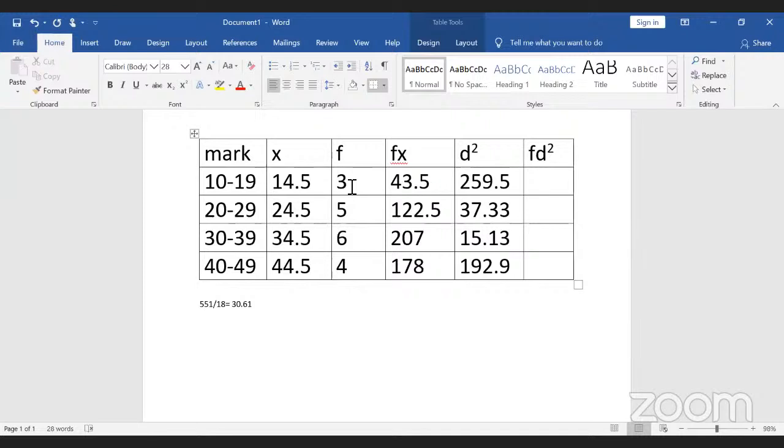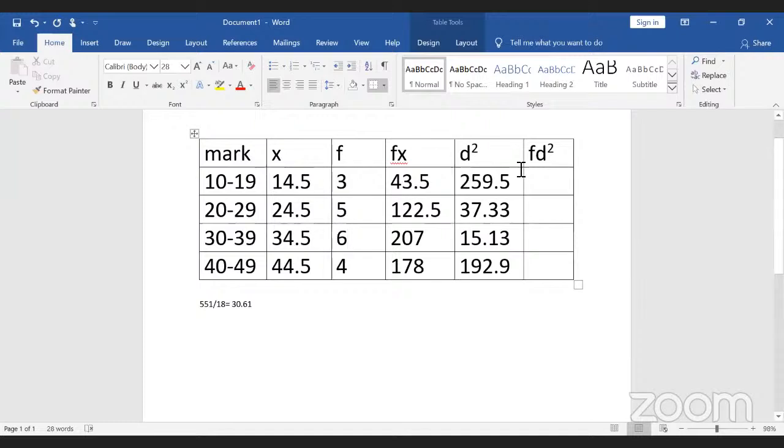So this deviation from the first row is brought in by 3 students. The deviation squared we are getting for this row, that is 259.5, is coming from 3 students. The deviation 37.33 is coming from 5 students. The deviation 15.13 is coming from the 6 students that were in the class 30 to 39.